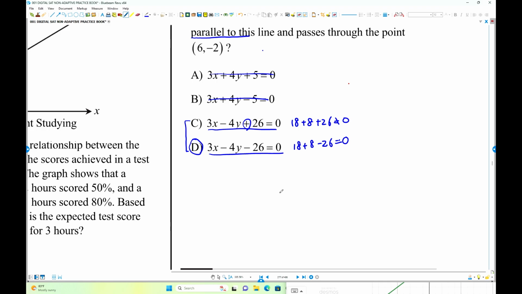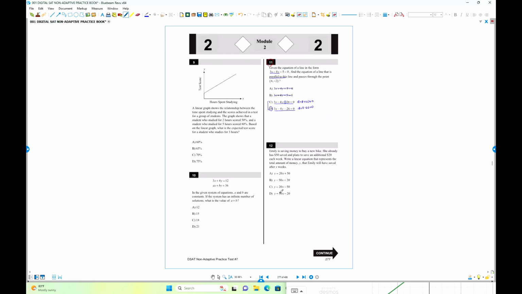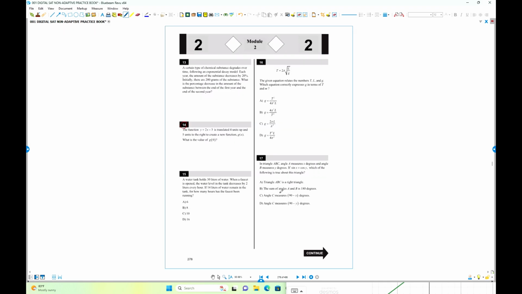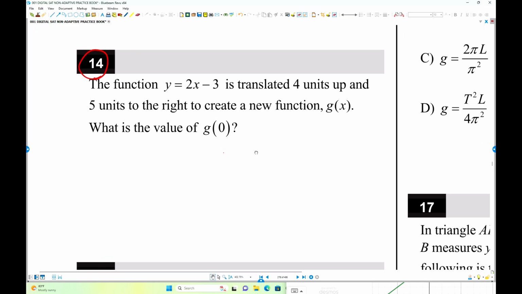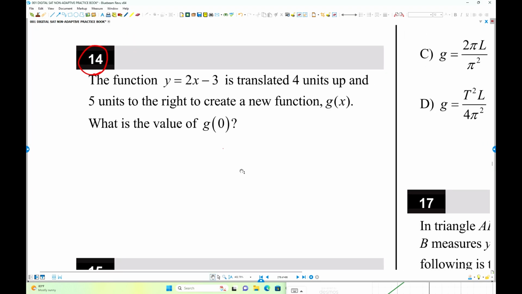The next one over here. All right, number 14. This one also we can solve using the graph. Take a look over here. This is the algebraic approach first. Translate 4 units up means what?